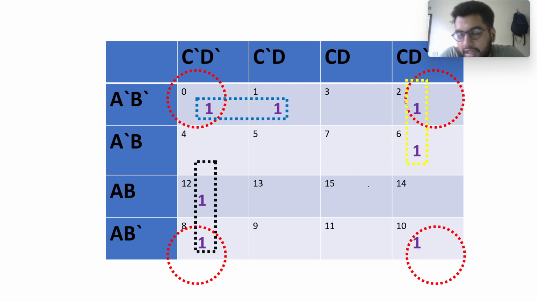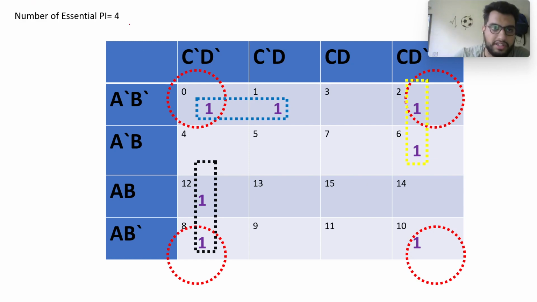Now, when you look at the chord, this chord covers minterm 10 that's not covered by any other prime implicant. So how many essential prime implicants are there? We have three pairs and one chord. So the number of essential prime implicants is 4.